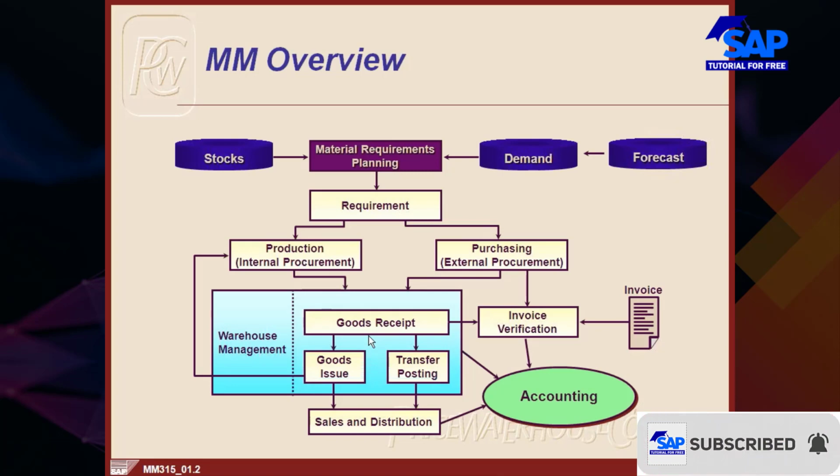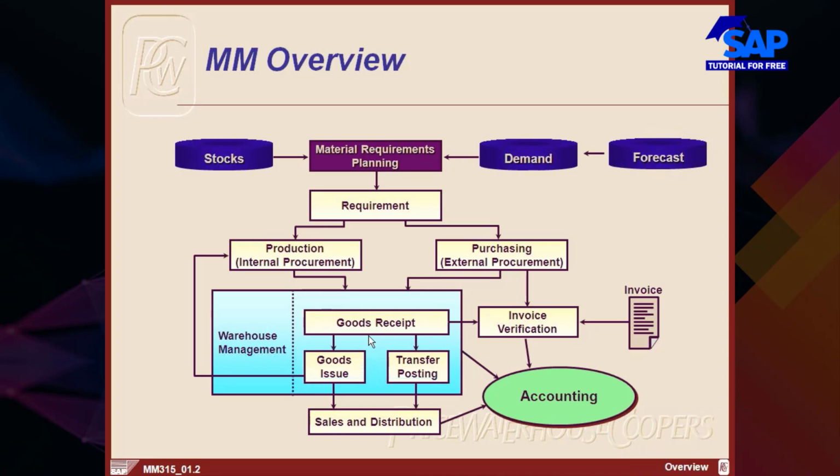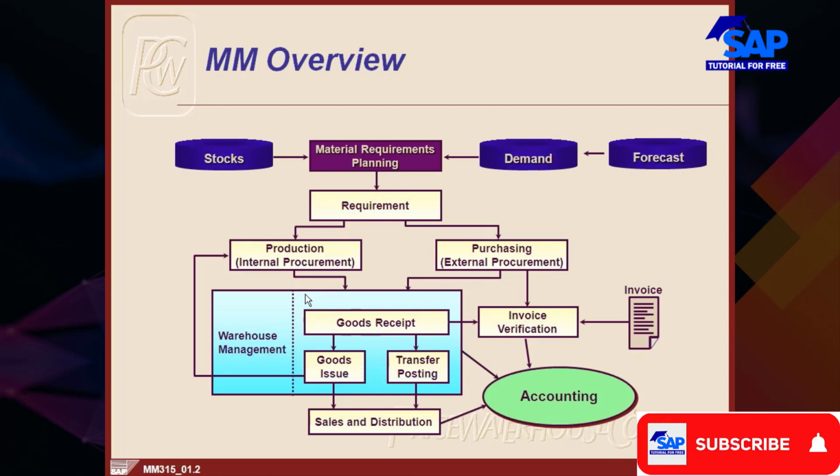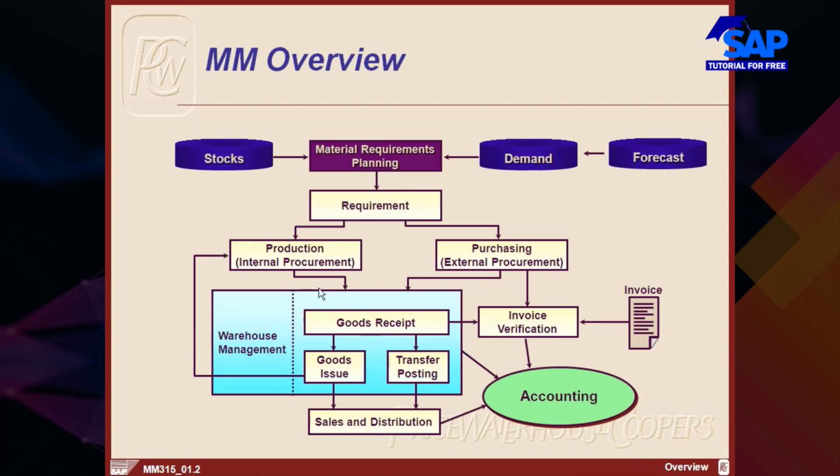Or if you want to move the material, you will move it between storage locations or between plants. So all the activities that you perform once the material is received into the stores are considered inventory management.